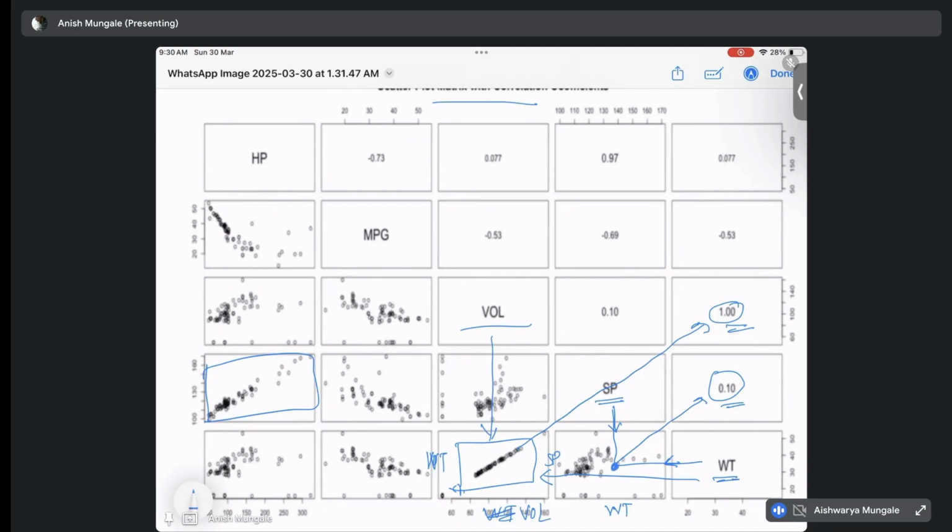We will see in Python how to generate this. But you will make graphs like this, check them, and find the correlations. You can see one here, which is SP and HP, and if you look diagonally opposite, this is the correlation. Clear?